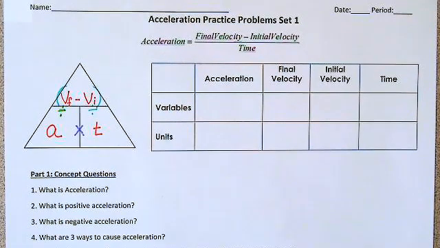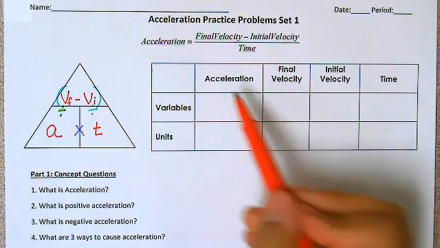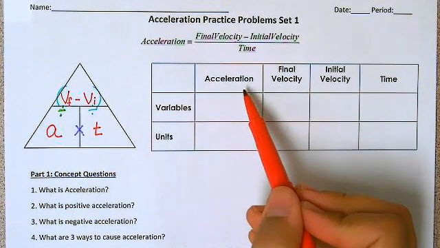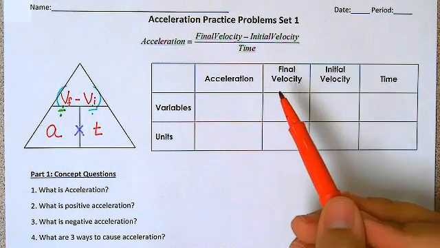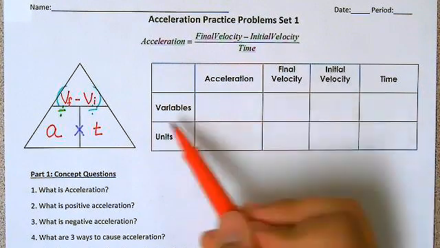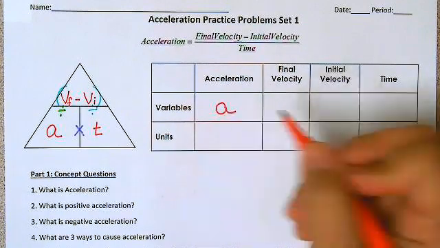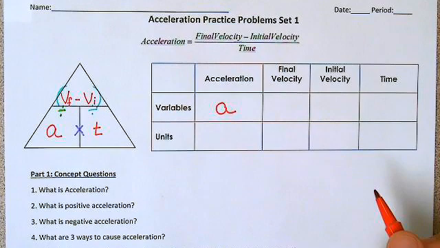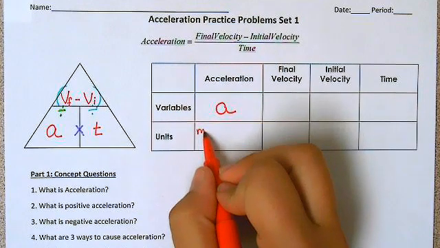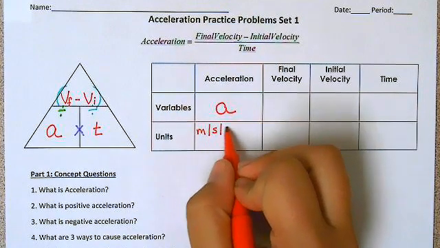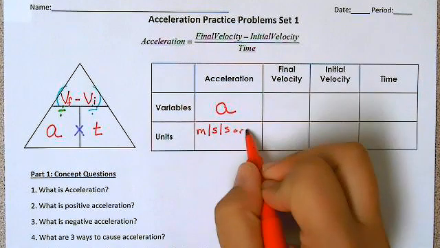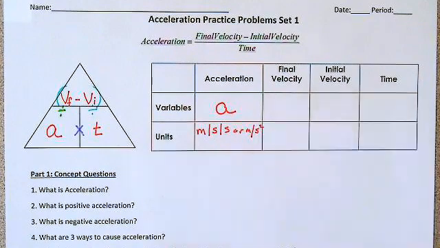Okay, so let's look at what these individual pieces mean. Remember, acceleration is a change in velocity, so speeding up, slowing down, or changing directions. The variable that represents acceleration is A. The units for acceleration can be meters per second, or we can write it meters per second squared.